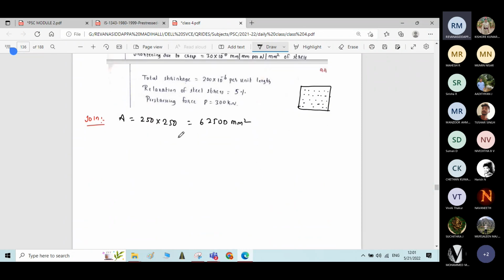The initial pre-stressing force P is given as 300 kilonewton, or 300 into 10 power 3 Newton.